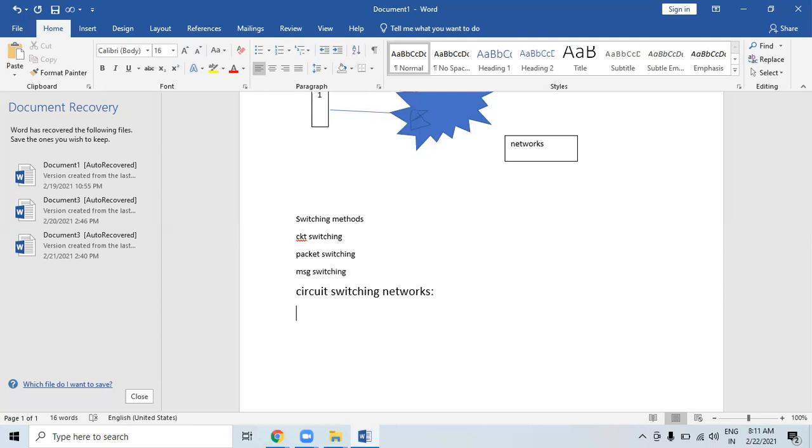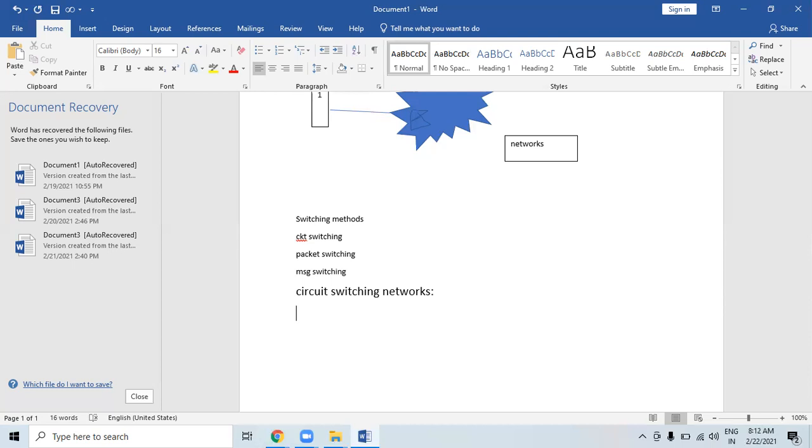Data transfer between two stations is not in packet form; instead the data is transferred continuously. No addressing is involved during data transfer, as a dedicated connection is established between the sender and receiver. The switch routes data on the basis of the allotted frequency in FDM or the allotted time slot.